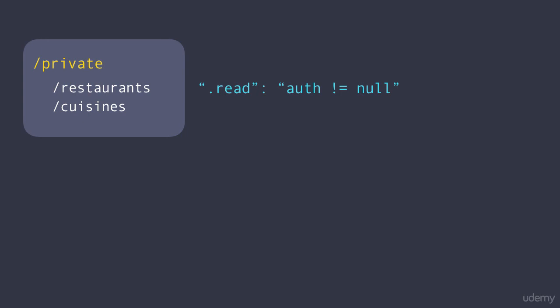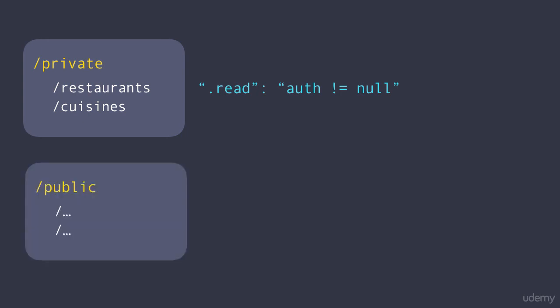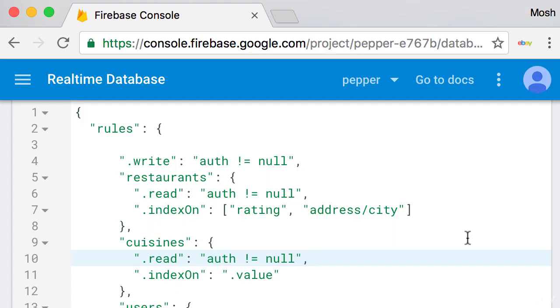Of course, this will cascade to all that children. Potentially, you can have another node like public, and all nodes under public will be accessible to everyone, including anonymous users. So sometimes you need to structure your data for security reasons, and that's dependent on the kind of application you're building. Okay, now let's test this new rule with our simulator.